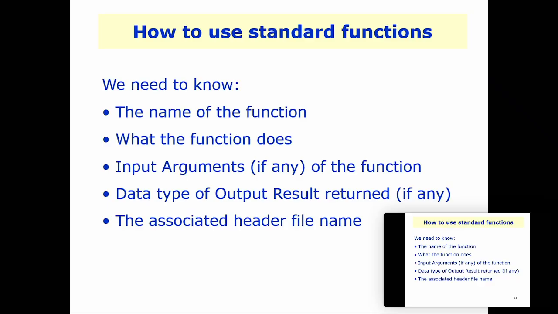For example, printf. This part is quite confusing. The printf function actually shows you the result on the screen, right? But inside the program, it doesn't store any value in memory. Its function is to display something on the monitor.